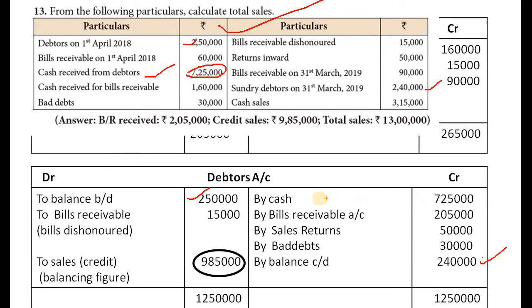So cash received from debtors entered on the credit side. Bills receivable 2,05,000. This is the amount of bills received during the year, that is entered on the credit side. This figure we have got from bills receivable account.